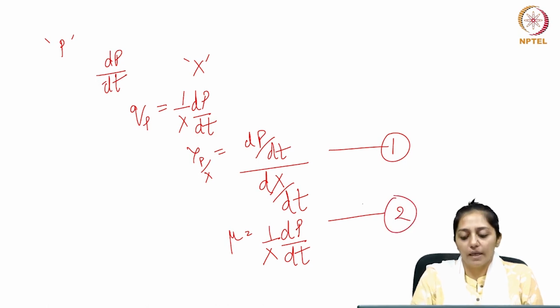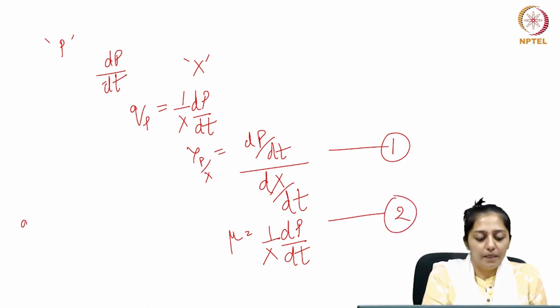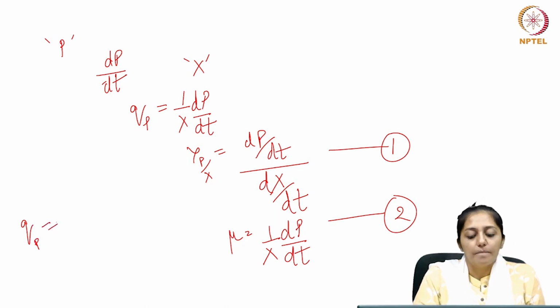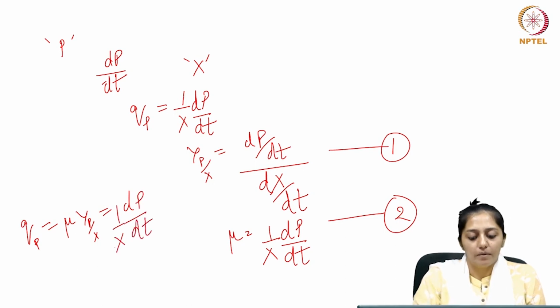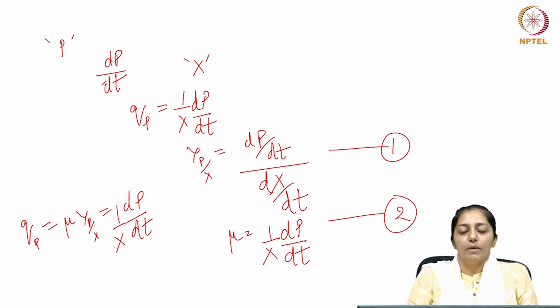So if we want to relate qP in terms of Yp by x and mu, if we multiply mu by Yp by x, you will see you end up in dP by dt multiplied by 1 by x, substituting equation 1 and equation 2.